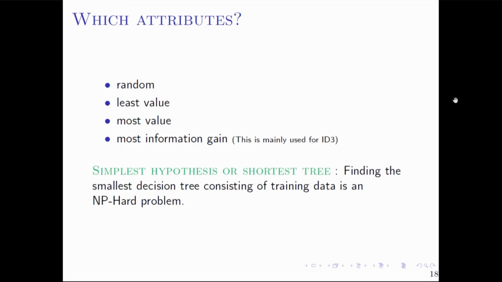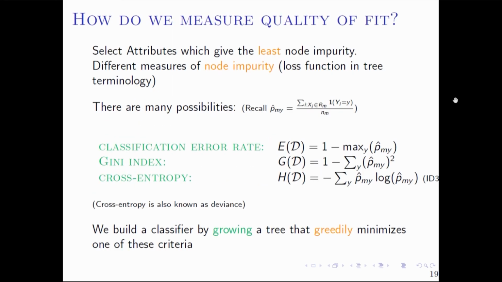But picking the smallest among all correct trees is an NP-hard combinatorial problem, so we will do it in a greedy way using information gain. We'll select the attribute which divides the node into sub-nodes that have more information, or less impurity.